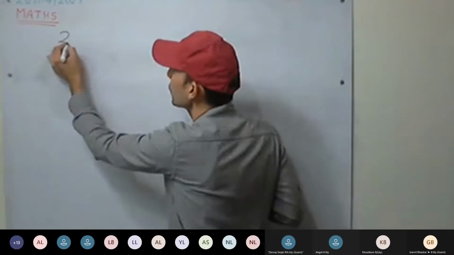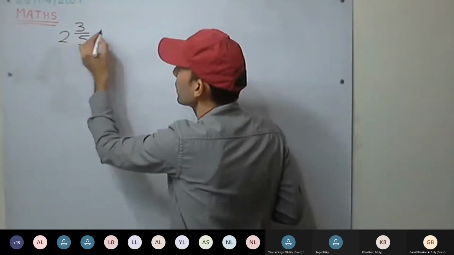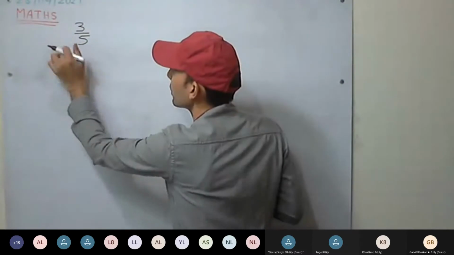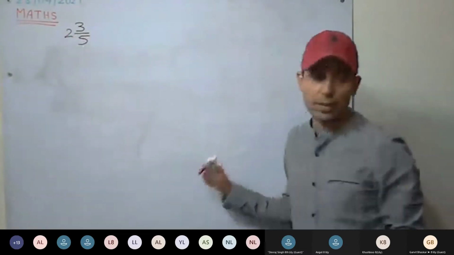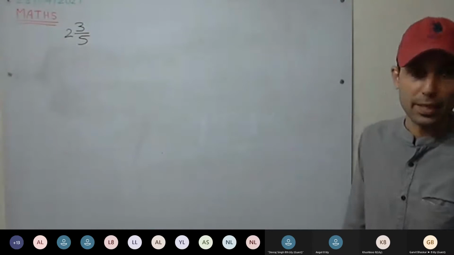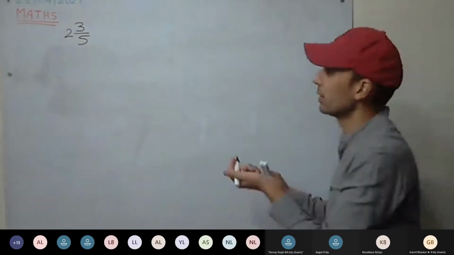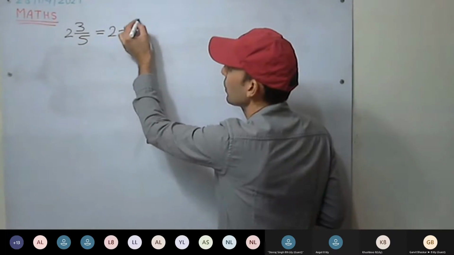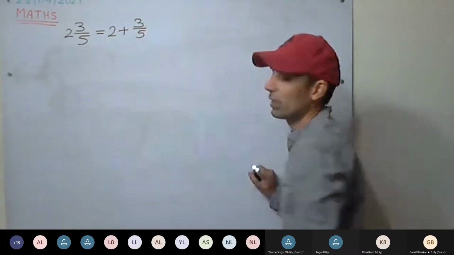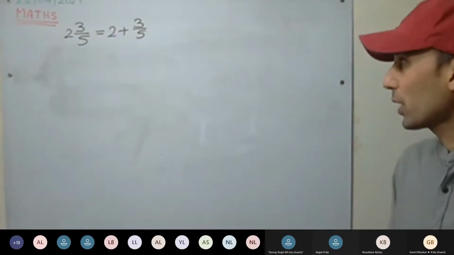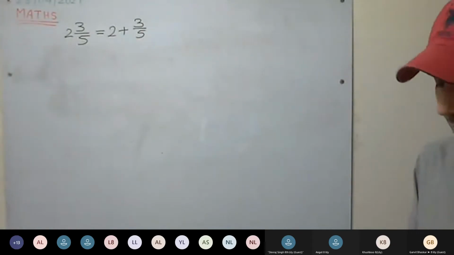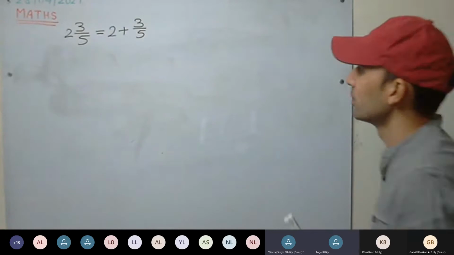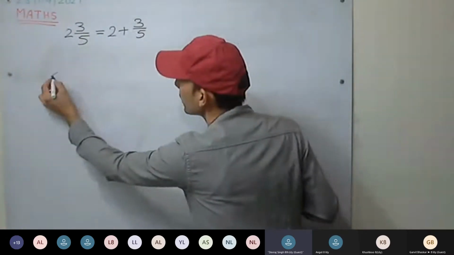Everyone, 2 3 by 5. We have to represent it on the number line. It is already given as a mixed fraction, so we can write it as 2 plus 3 by 5. Between which two numbers will it lie? 2 and 3. Good.